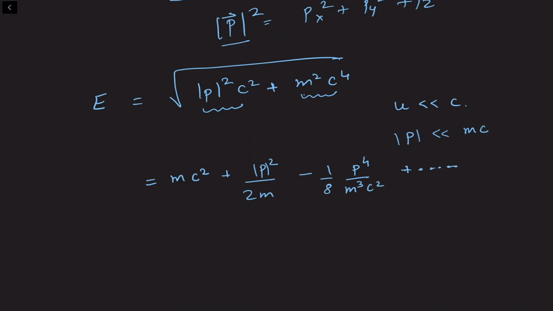So once again we see that the energy is rest mass energy plus the conventional kinetic energy of Newton, and you have higher order corrections now.